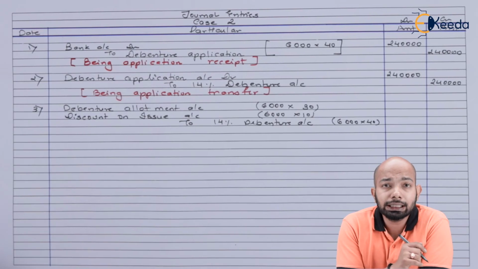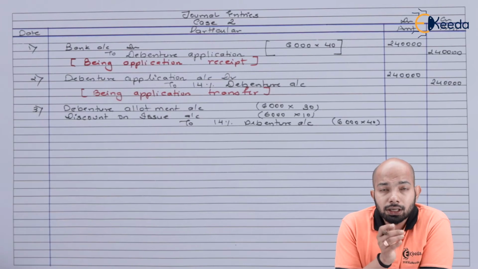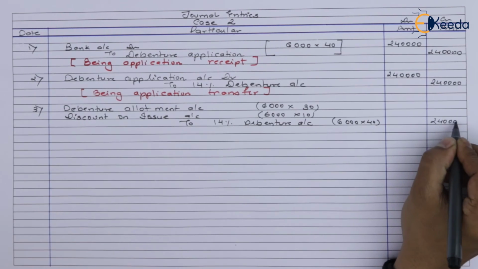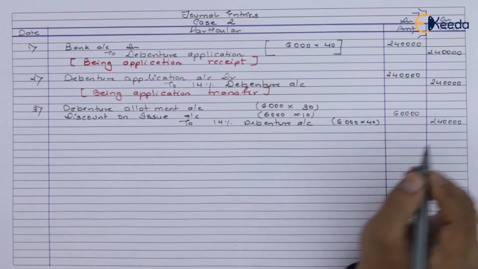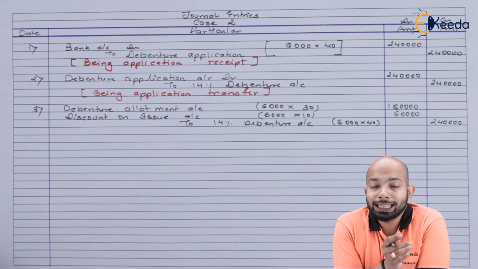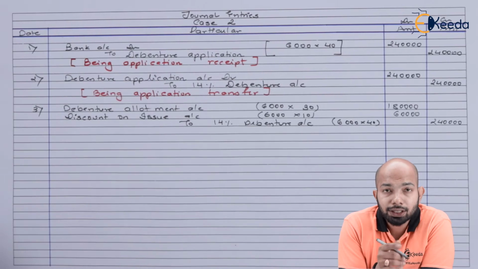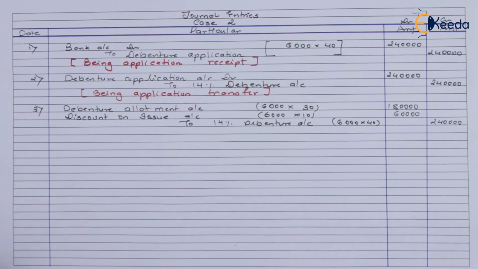Let's mention the total entry here. Ideally we were expecting 2,40,000 here, but we won't be having that much because somewhere the amount will be missed out. So in total, we are receiving only 1,80,000, because 60,000 is the discount that we have offered here, which has been adjusted in allotment.